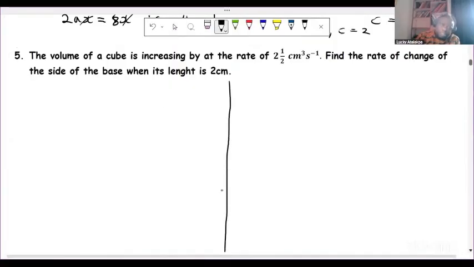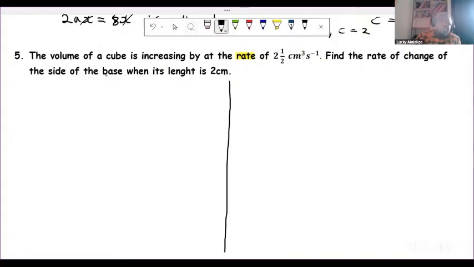Good. So let's go. We're told that the volume of a cube is increasing at a rate. When you say rate, rate means over time. And you can see the unit, volume over time, right? Time is in seconds, volume is centimeter cube.